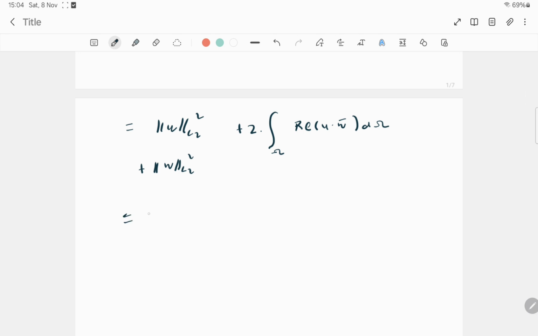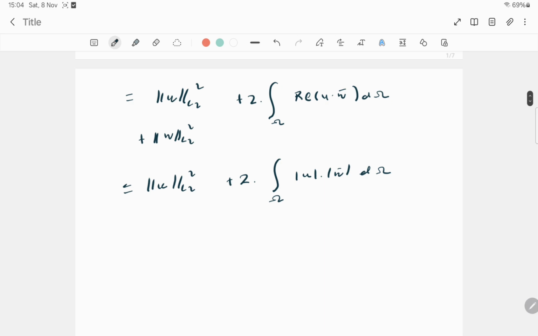We can bound that by the norm of u in L2 squared plus 2 times the integral over omega of the modulus of u times the modulus of w d omega plus the norm of w in L2 squared.